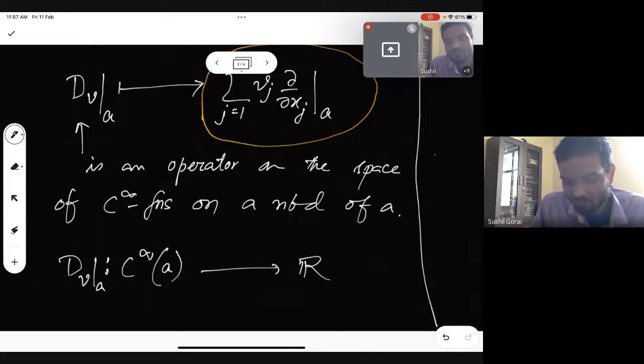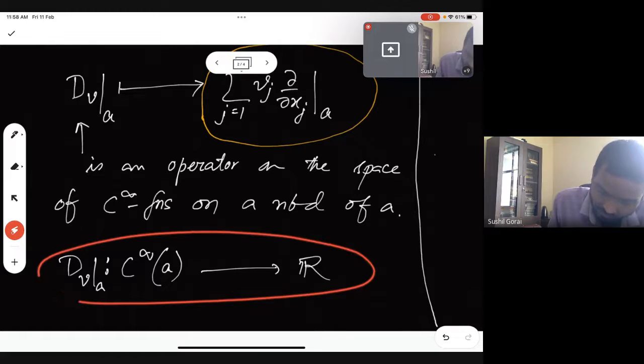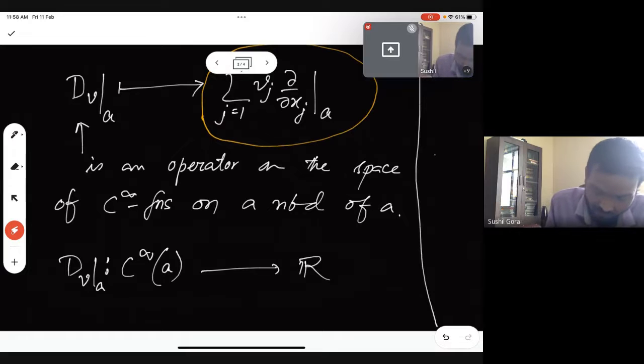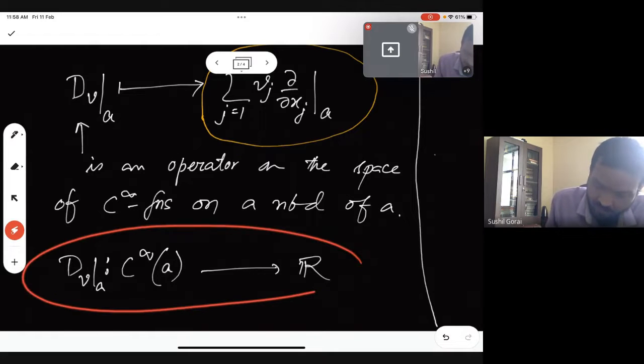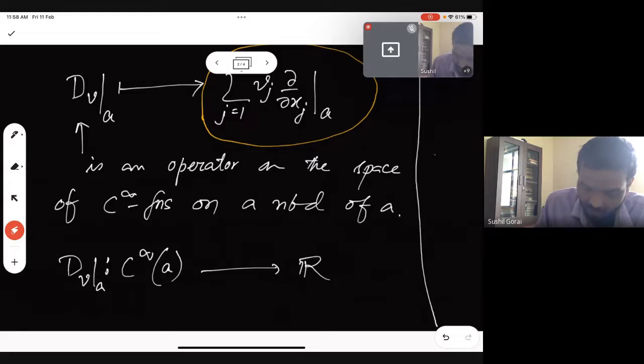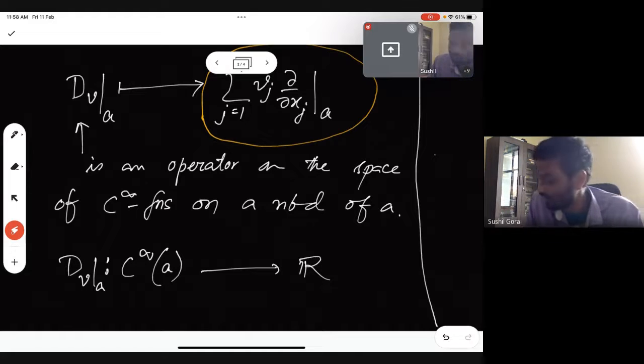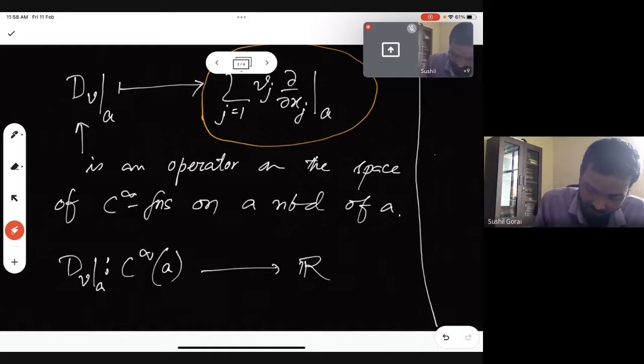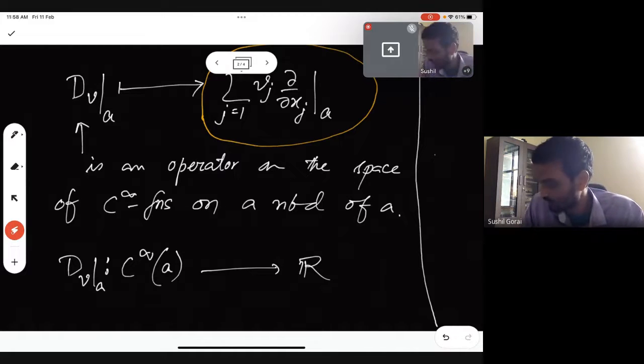True. So this one, we want to find an analog to this in case of a manifold. This doesn't have anything to do with coordinates or the tangent plane or any ambient space. So this one we want to generalize, right?